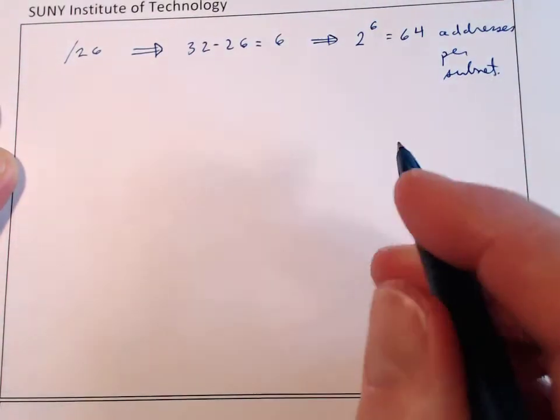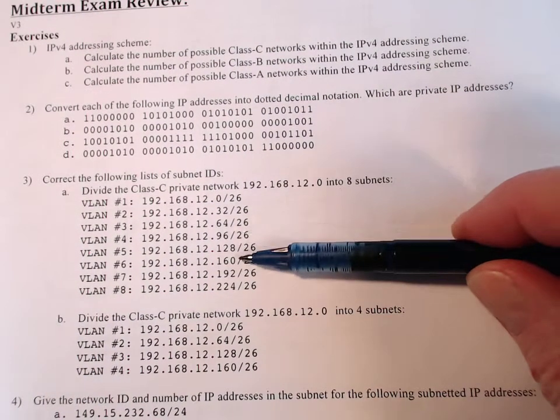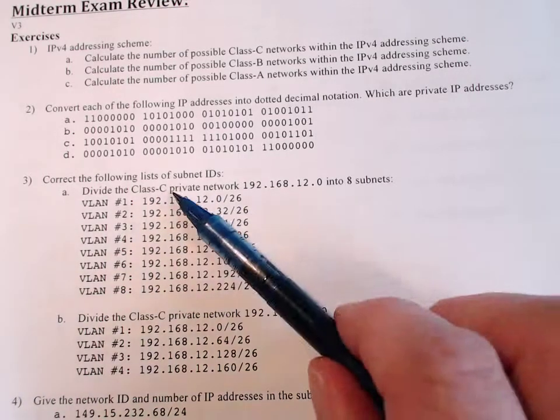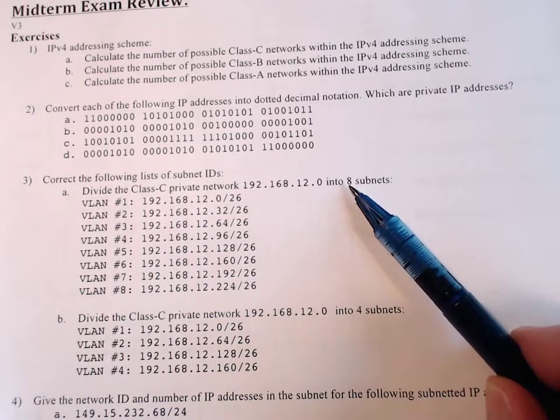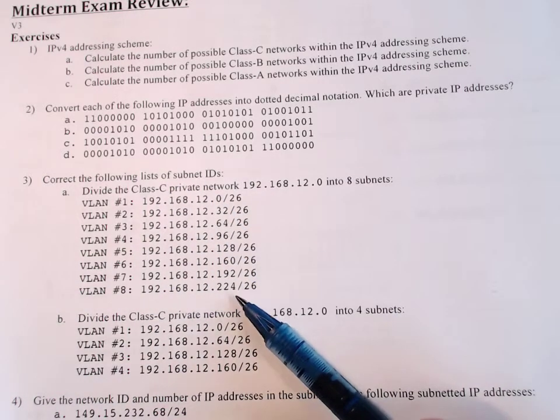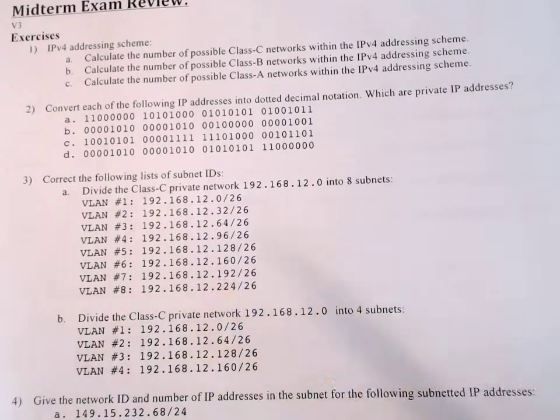Okay, and in fact, we've got 32 addresses per subnet because we've taken a Class C, which has 256 addresses, divided into 8 subnets, and 8 times 32 is indeed 256. And so this has got the wrong slash value here.